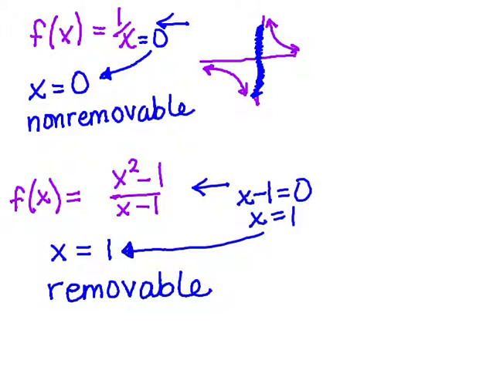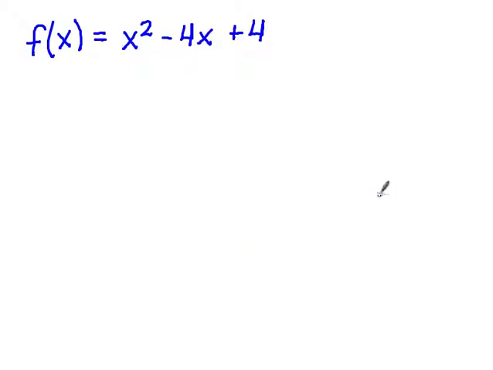So let's go ahead and look at another one. Let's do f of x equals x squared minus 4x plus 4. Before you even graph it, let's analyze what we know about this graph.